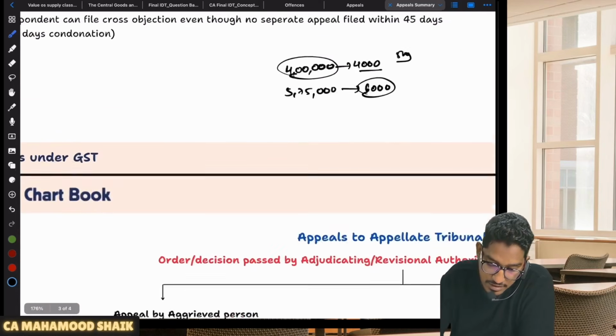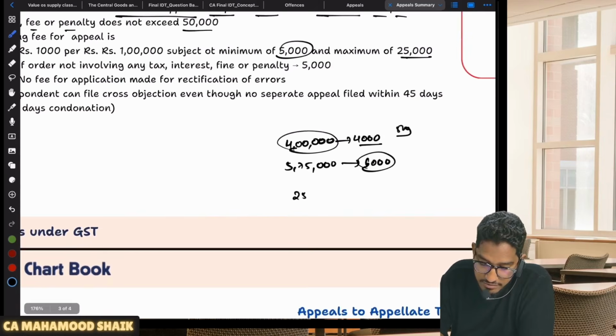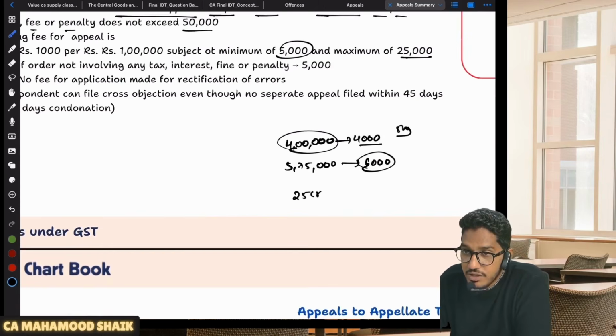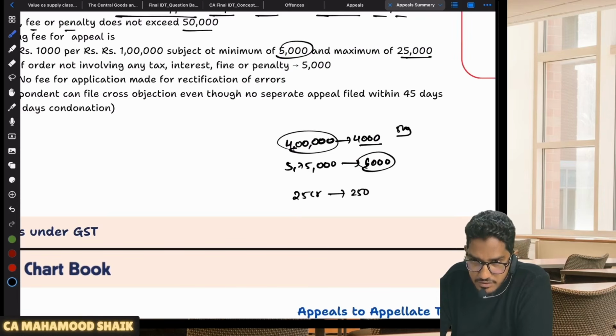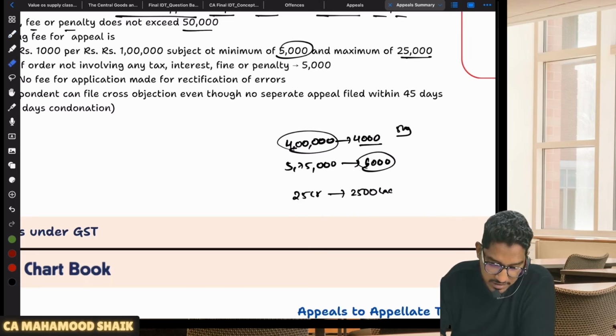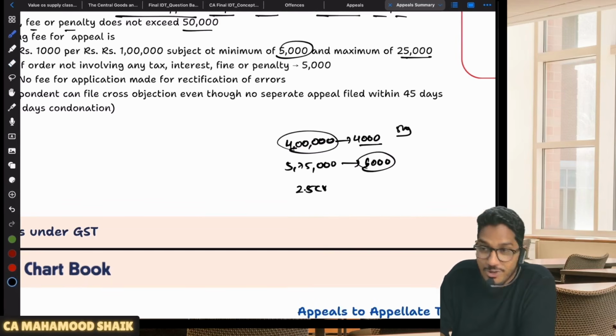Let us say, for example, I have to appeal for 25 crores. So how many lakhs are there? 250 lakhs? That will be a very big figure, and the calculation itself will become very difficult. Let me do one thing: 2.5 crore you are going for appeal.